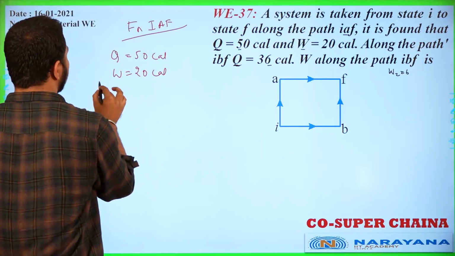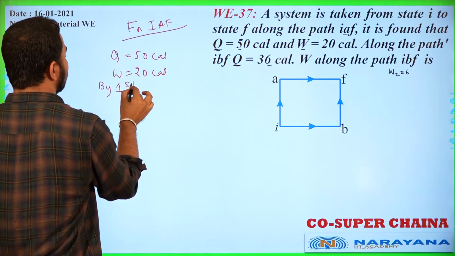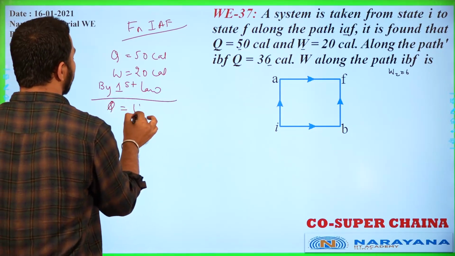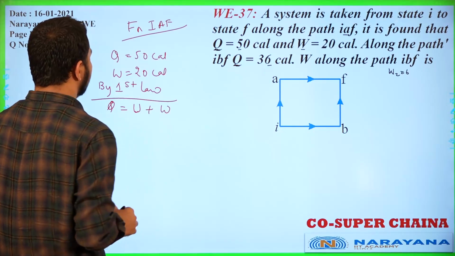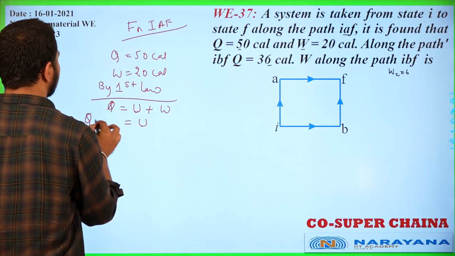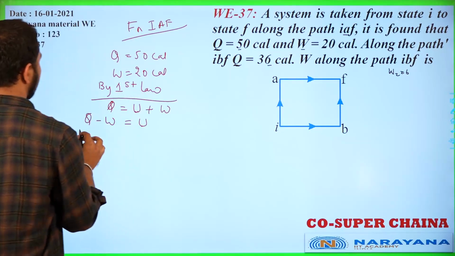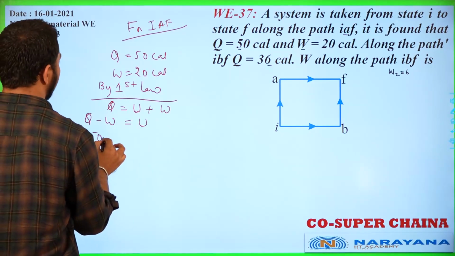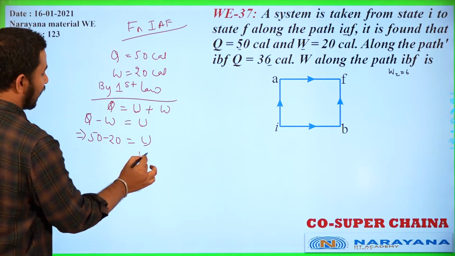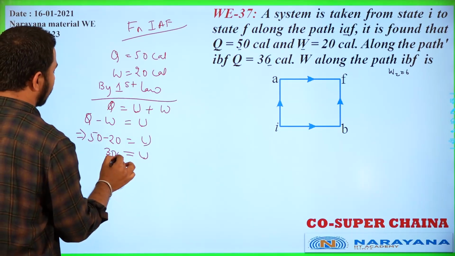By the first law, we can write Q is equal to U plus W, so we can get the U value. U will be Q minus W. Substituting, we get 50 minus 20, so U is 30 calorie.